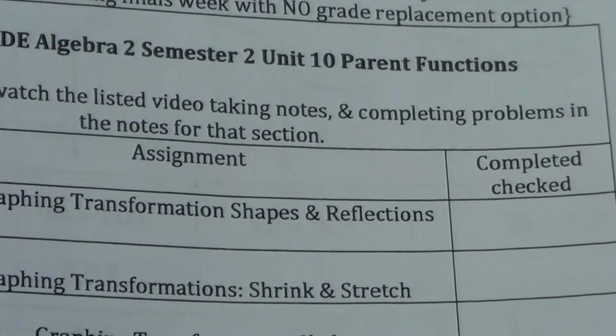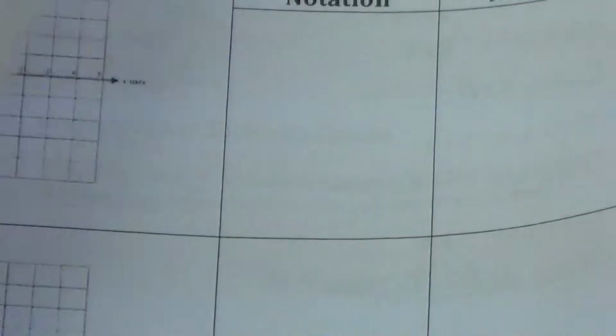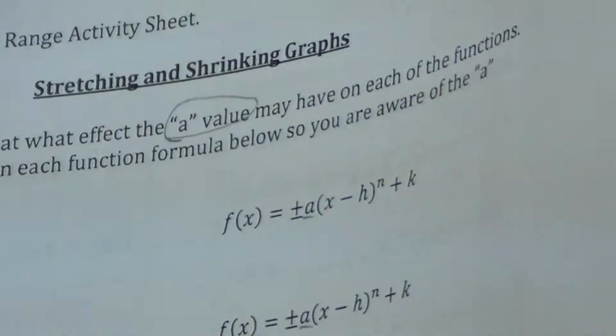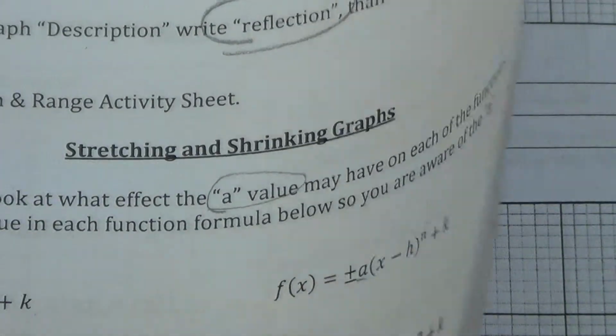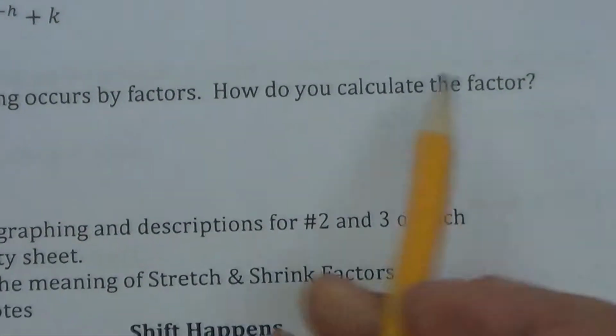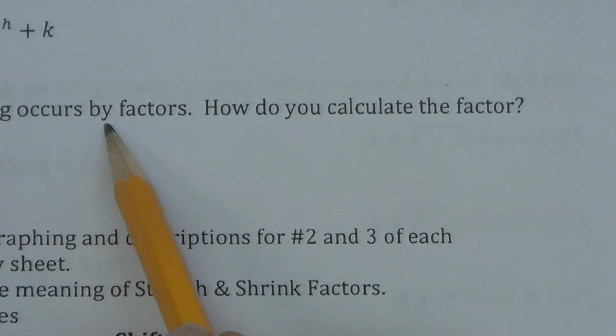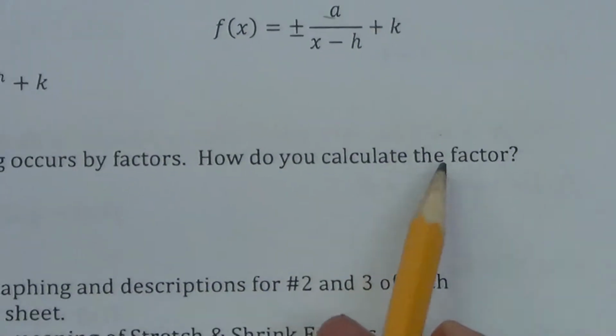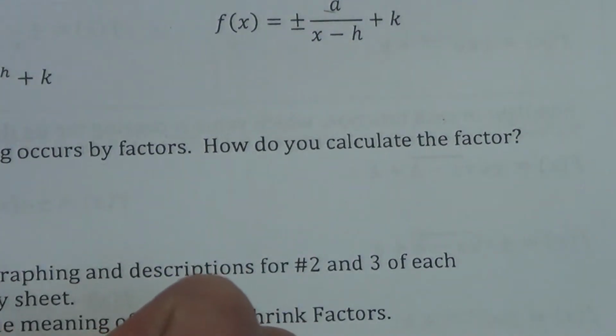When you get done with those graphs before class tomorrow, I would like you to come back up and explain stretching and shrinking and how it occurs. It is the a value.